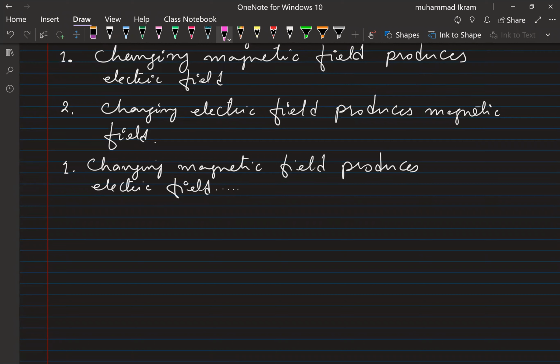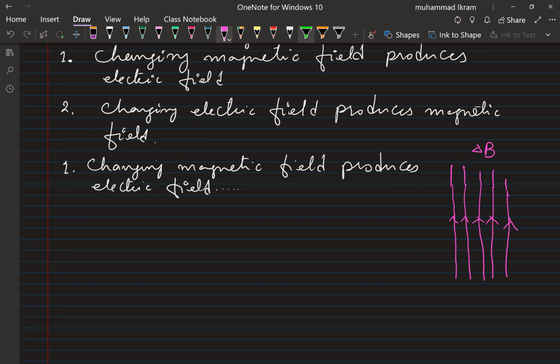Let us consider that we have the magnetic field. Let me say this is the magnetic field. Okay, the magnetic field is changing, changing magnetic field delta B.